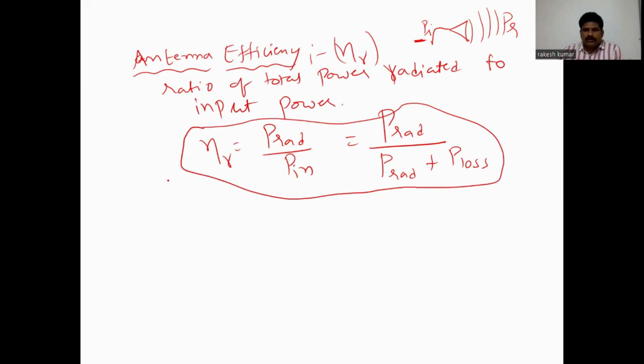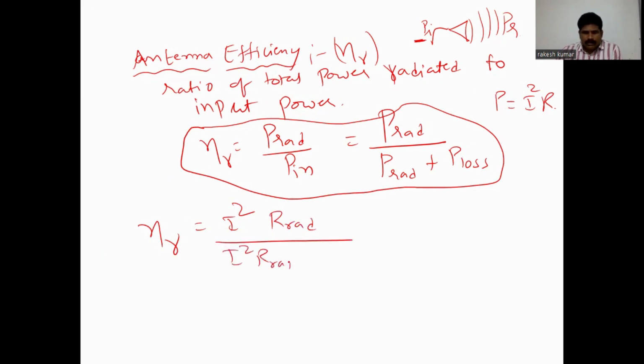If I want to convert the same thing into radiation resistance, we know that power is equal to I square R. So eta R is equal to I square R radiation by I square R radiation plus I square R loss.